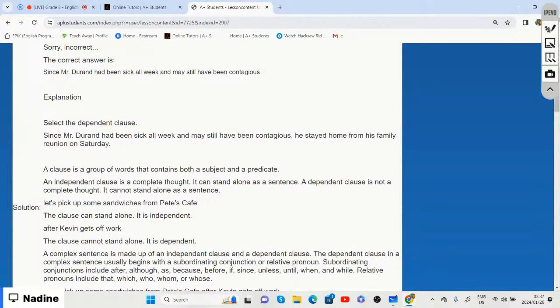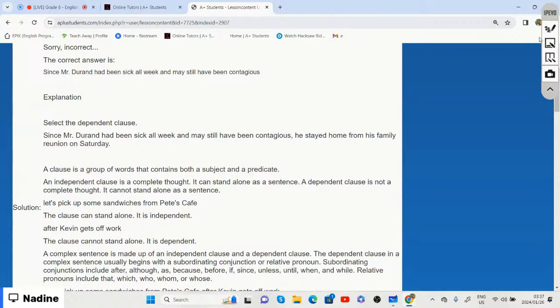That is basically a clause that can stand on its own, and it expresses a complete thought. Whereas a dependent clause is not a complete thought and it cannot stand alone as a sentence.